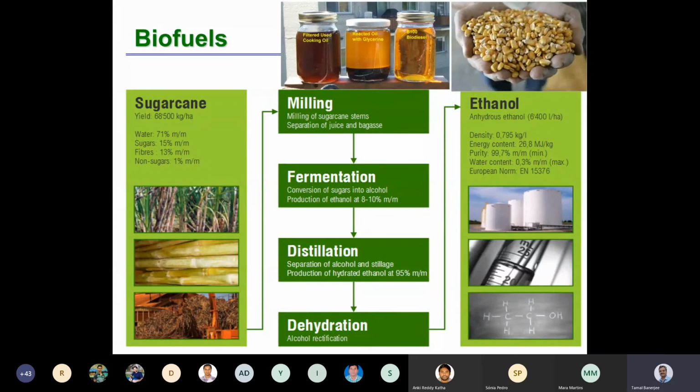But now it is still producing, but not so much. 10 years ago, if someone had oil, lipids, vegetable oil, they would be trying to make biodiesel. So it was very crazy times.